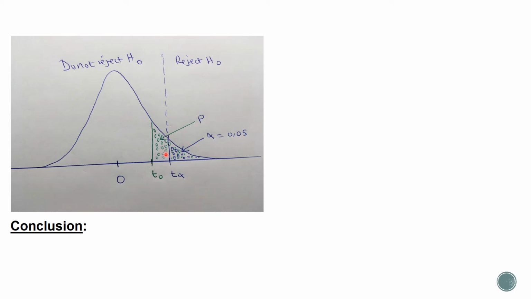But in this case, as you can see, we've realized that p is actually greater than the alpha. That's to say there's more probability that the result that we've obtained would be due to random sample error, even if at all there's a difference.